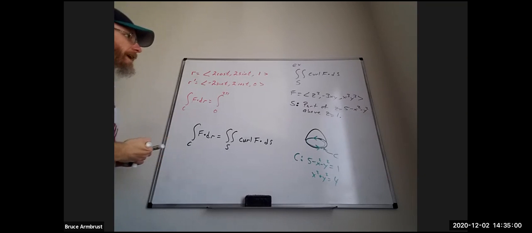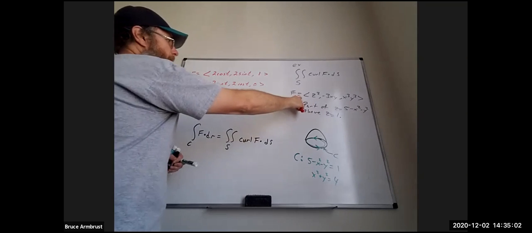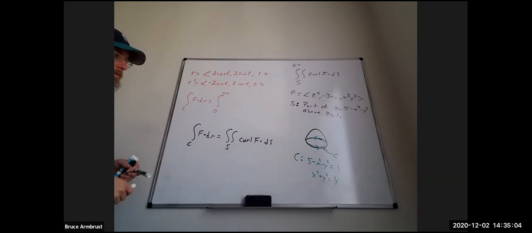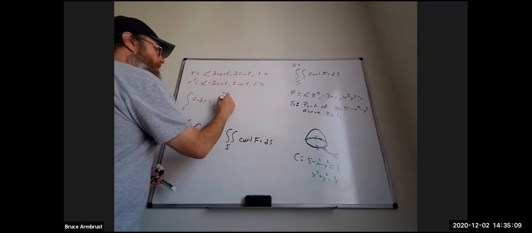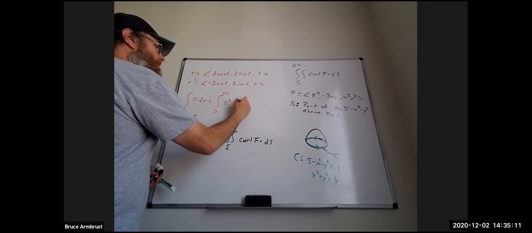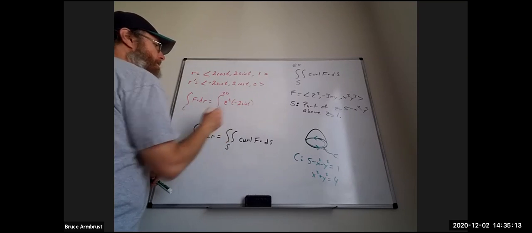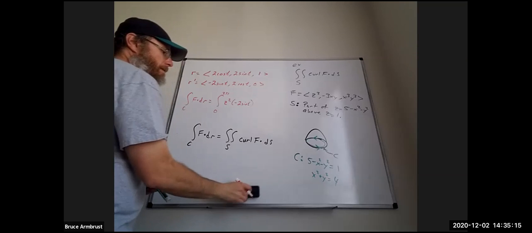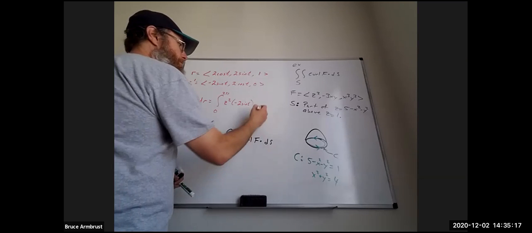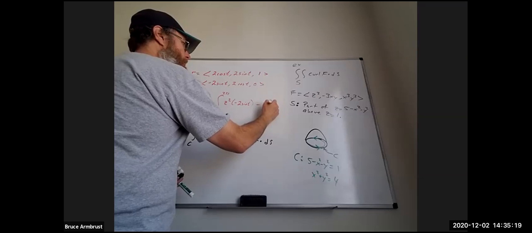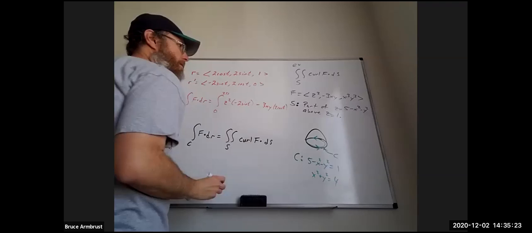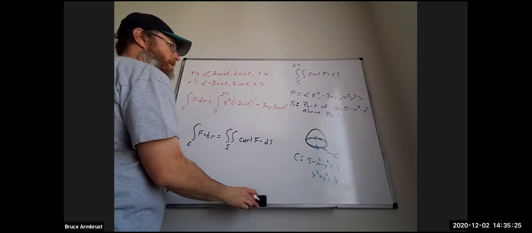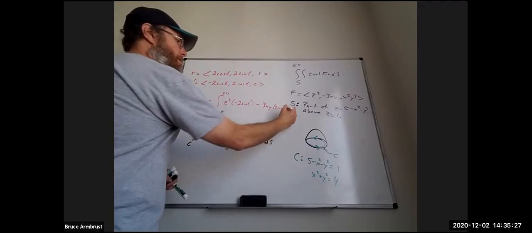We just have to take F and dot it with r prime. So this is going to give us z squared times minus 2 sine t, and we're going to get minus 3xy times 2 cosine t, plus 0.